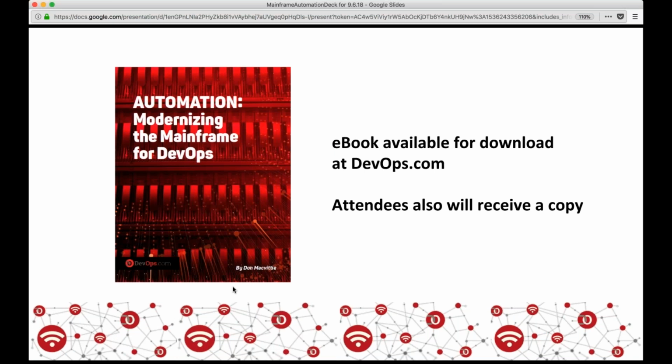The ebook is also being sent out as a link in the follow-up email to everybody who registered, so if you're registered for the webinar, you will receive a link to download it. It's an interesting ebook, and hopefully the webinar will be equally interesting.